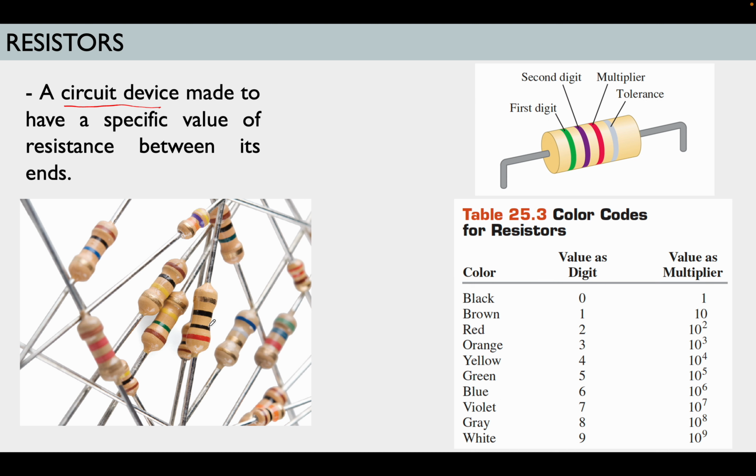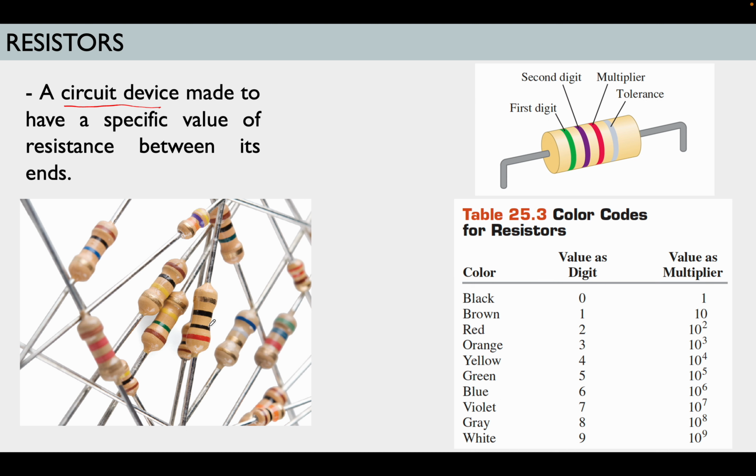So let's say, for example, you're asked to buy a resistor of a specific resistance. Since you didn't bring a device, you can still determine which resistor you are looking for based on the color codings of the resistor.